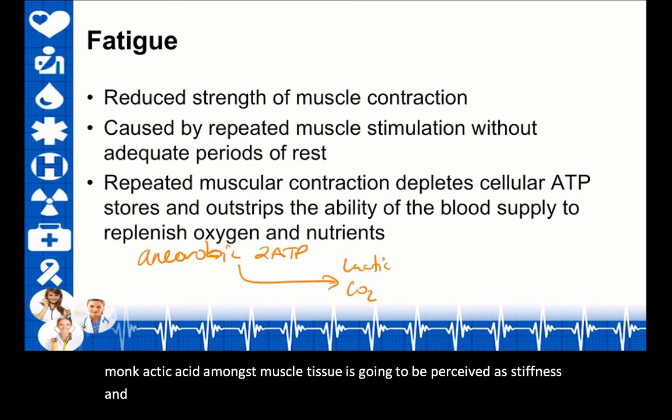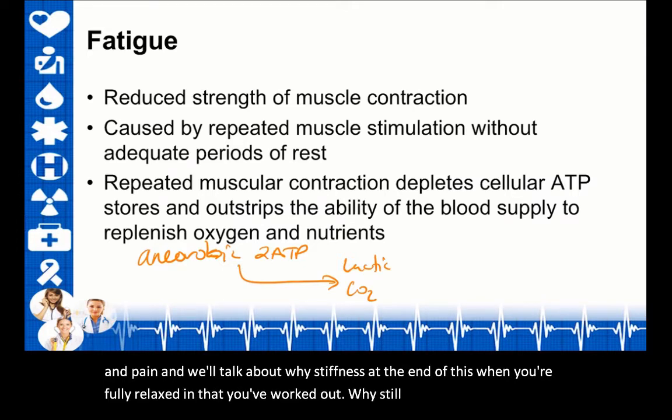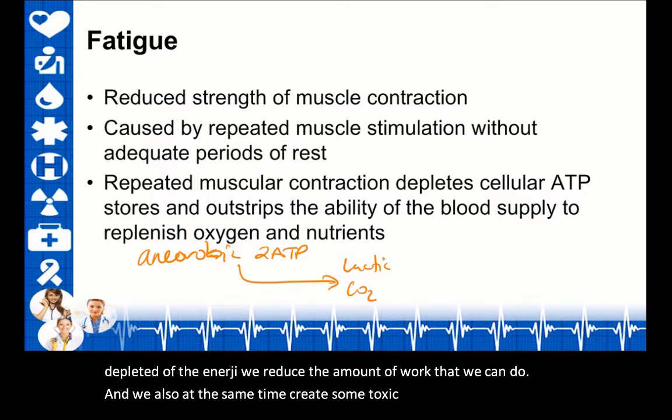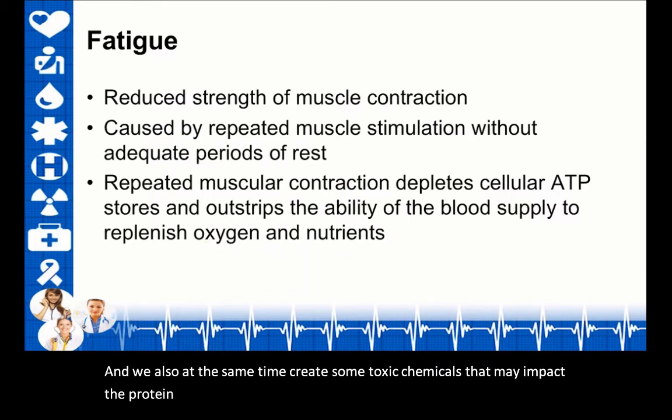And we'll talk about why, at the end of this, when you're fully relaxed and you've worked out, you're still stiff. So when we get depleted of the energy, we reduce the amount of work that we can do, and we also at the same time create some toxic chemicals that may impact the protein fibers of muscle.